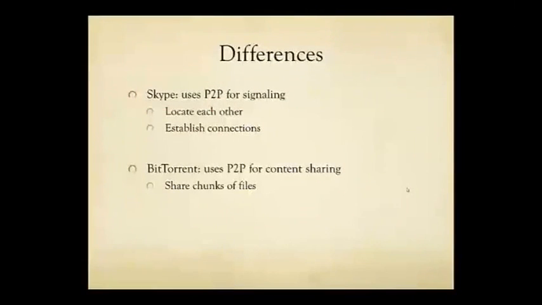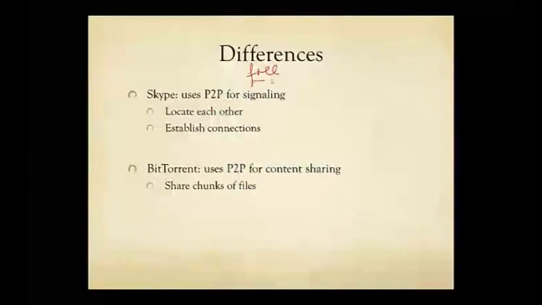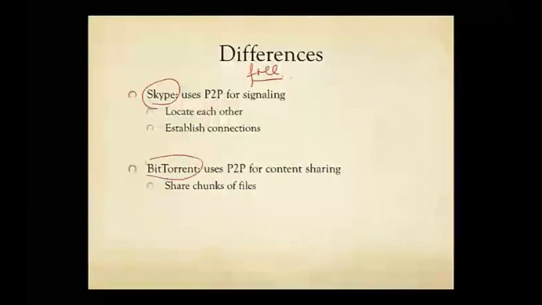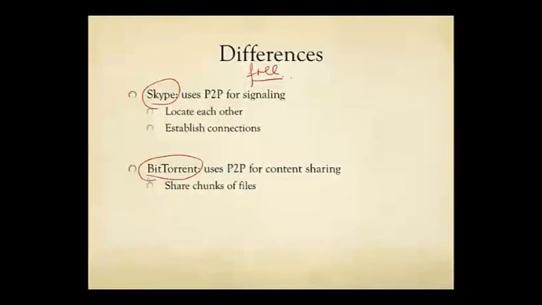Now there are some major differences between Skype and BitTorrent too. Both are free. They are free services unless you need to use Skype to call normal phone, landline phones, or you want to use a certain kind of conference call facilities. Otherwise, Skype is free, and BitTorrent is free to install, and furthermore, the content on BitTorrent is also free.